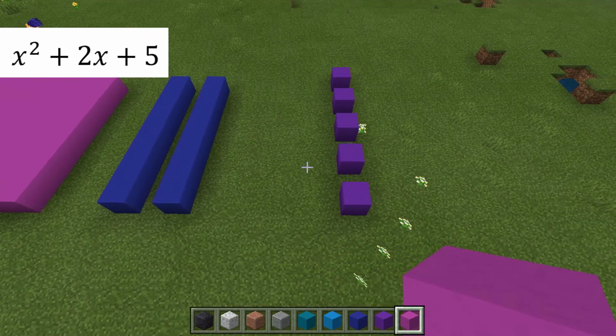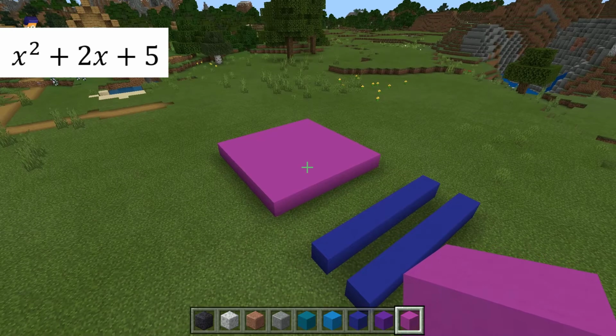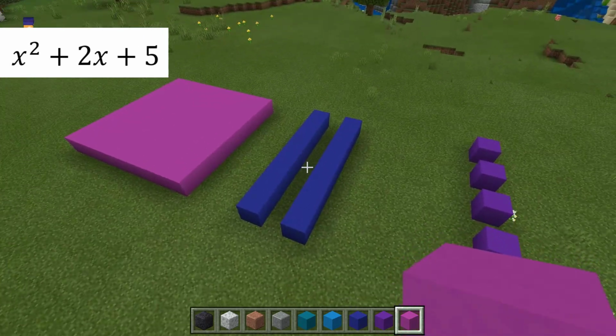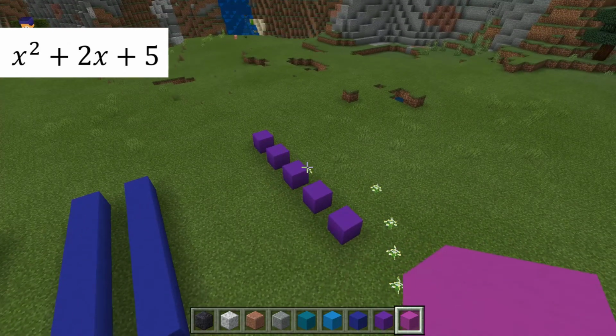And then these 5 blocks represent that we know we literally have 5 of whatever we're talking about. So in this case, we're talking about blocks, right? So we have an unknown amount squared number of blocks. We have 2 unknown times an unknown number of squares, but then we're adding to that 5.